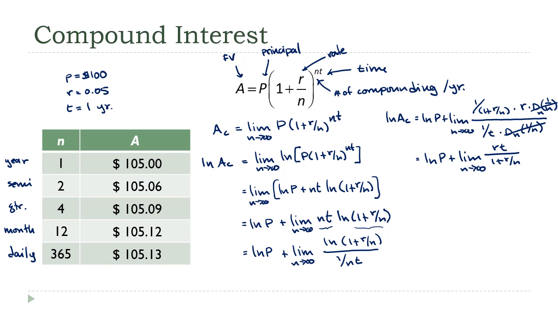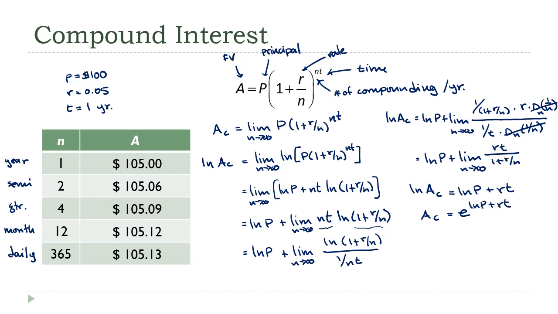Now we can do the limit. The only n is down there in the denominator. The denominator is going to go to 1, which means this whole thing is just equal to the log of P plus rt. And let me write this in over here. This is the log of A_C, because now I'm ready to get rid of that logarithm. I'm going to raise e to both of these powers, and we get A_C equals e to the log of P plus rt.